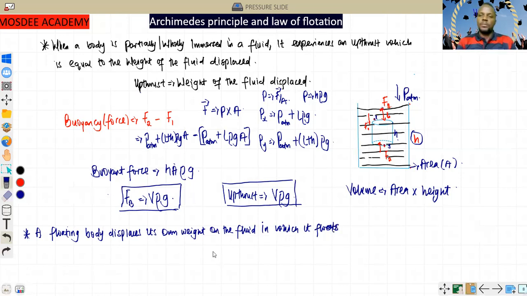A floating body displaces its own weight of the fluid in which it floats. That is the grammatical way of writing the law of flotation, which is an extension of Archimedes' principle.